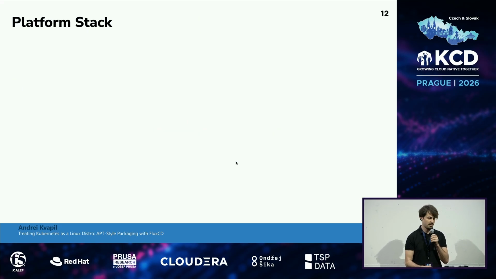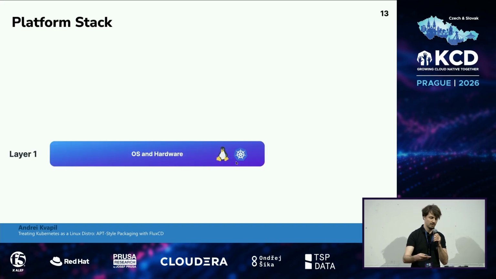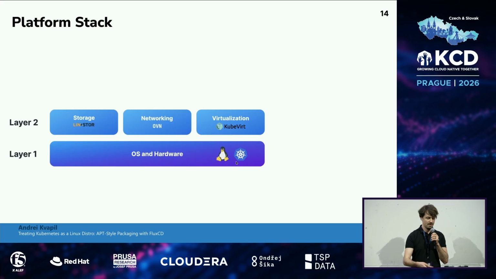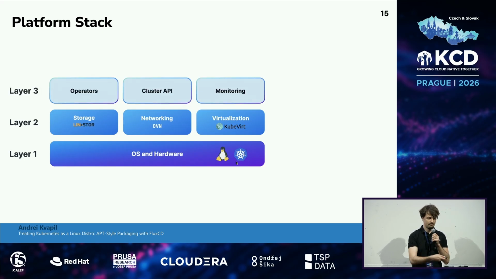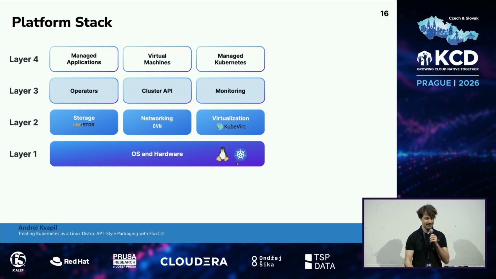In fact, we built such a platform stack, which includes operating system management, then specific components which solve storage, networking, virtualization. We also made them replaceable. Then a set of operators, Cluster API, monitoring system, and only on the final level do we provide a user API to let them define their own applications and let their users order managed services.